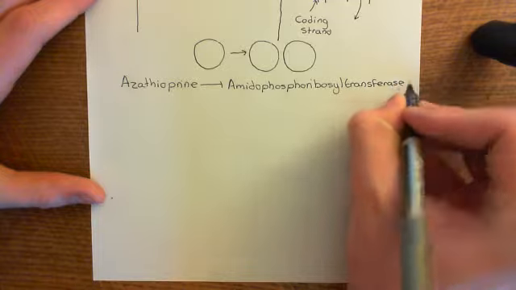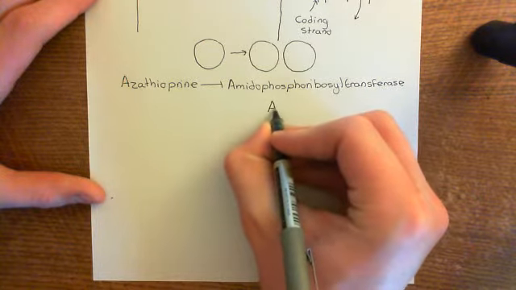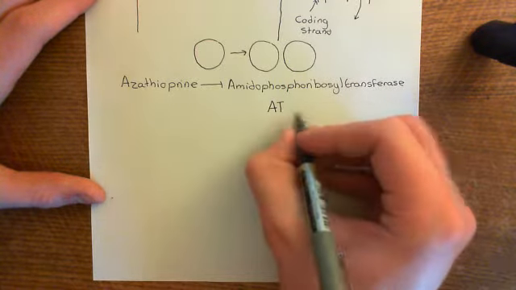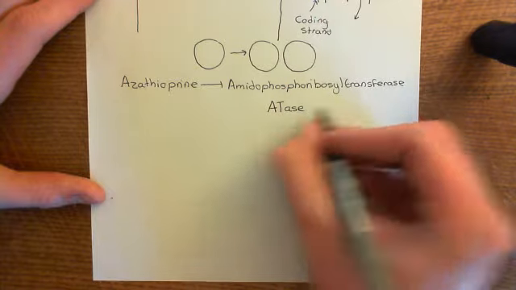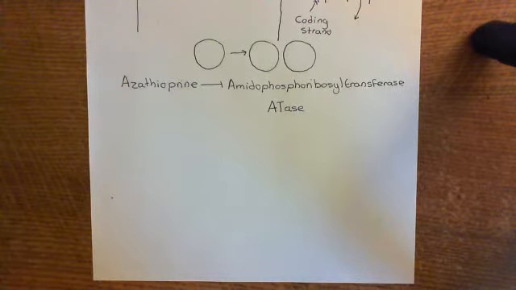So the amidophosphoribosyl is abbreviated to a single A, and then the T is for the transferase, and then the Ase is for the ase that's on the end of every enzyme. So amidophosphoribosyl transferase is often abbreviated to ATAse for short. Okay, now what is this enzyme going to catalyze?